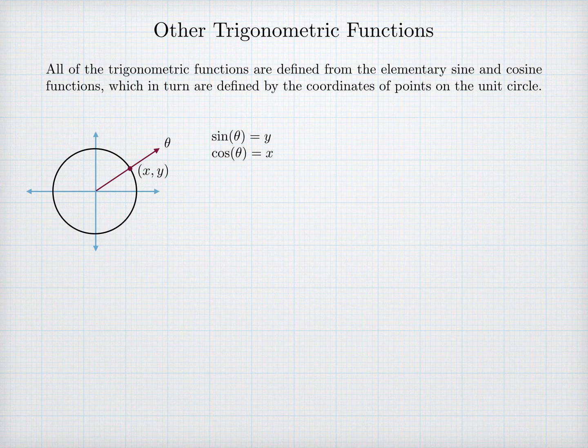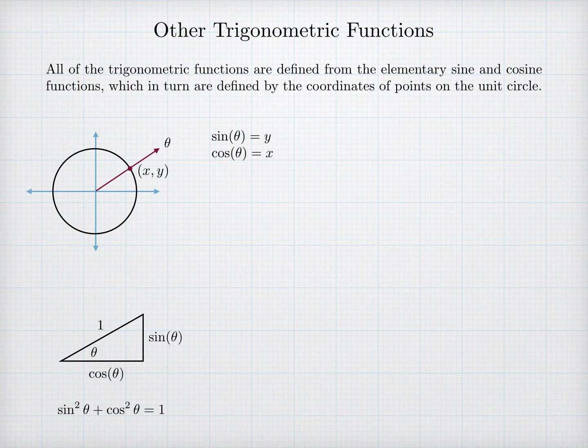Now if I imagine the triangle formed by bringing the point down to a line perpendicular to the x-axis, we get a right triangle with the angle theta. Sine is opposite, cosine is adjacent. And because this is a right triangle, we get the Pythagorean identity for sine and cosine. Sine squared theta plus cosine squared theta equals 1.